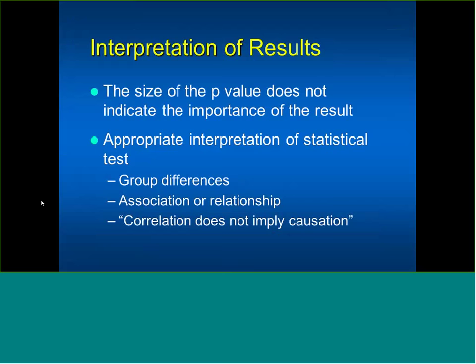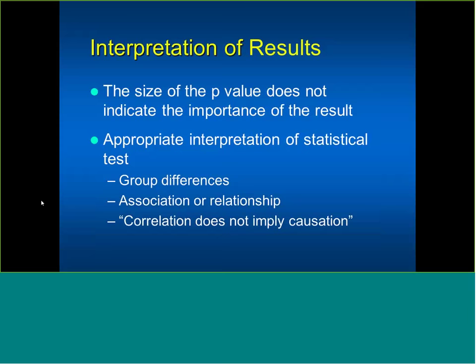And you have to interpret your statistics right. I tried to stress that today, that you're looking at differences between groups, or you're looking at an association or a relationship. So you want to make sure when you discuss your results, you use the right language. You want to say one group is lower than the other. One dropped more in systolic blood pressure than the other. Or you want to say that socioeconomic status is related to smoking status, is associated.